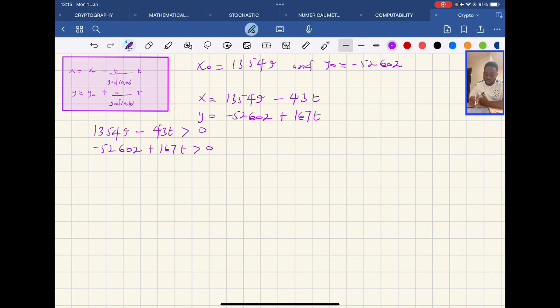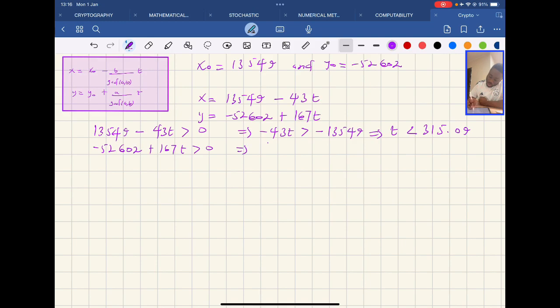Now, since we have this, we want to find the value of t. In this first case, we are going to get minus 43t is greater than minus 13549, then if we divide through by a negative, the inequality flips, so t is less than 315.09.